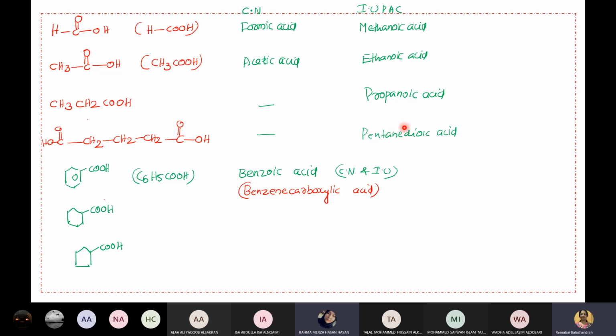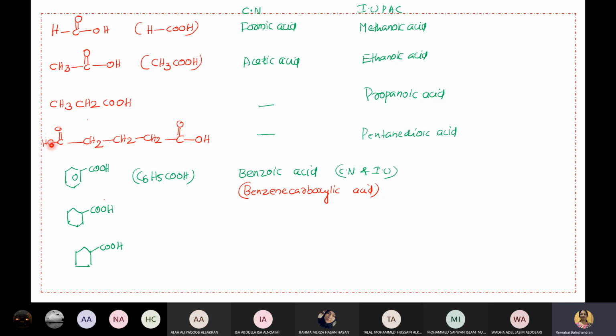Yeah, that's what I'm telling you, dear. I'm going to tell that. This E is there or not? It's there because D is not a vowel. Now the next one, your question. Actually, it's more correct if you don't write 1,5. Even if you write 1,5, it's okay, because in order to say oic acid, it has to be at the end.